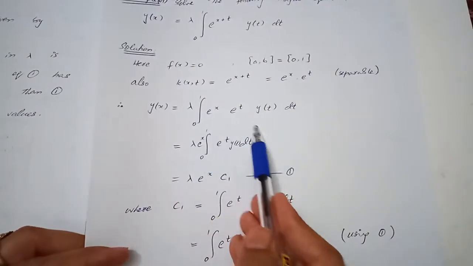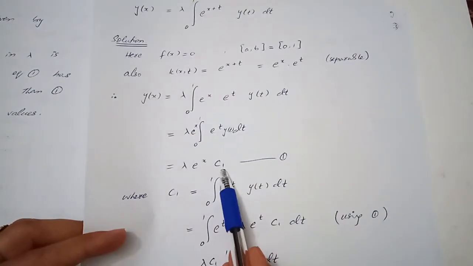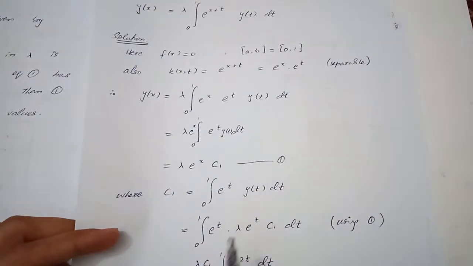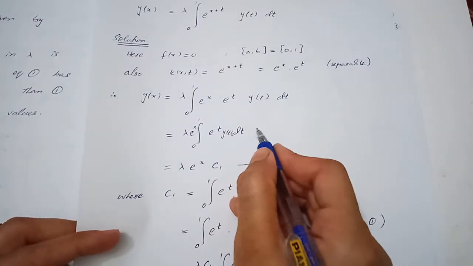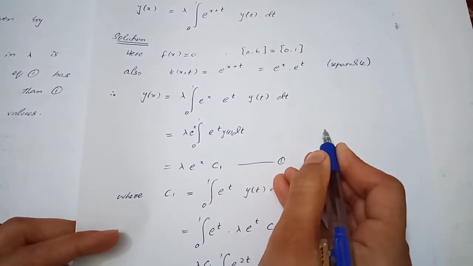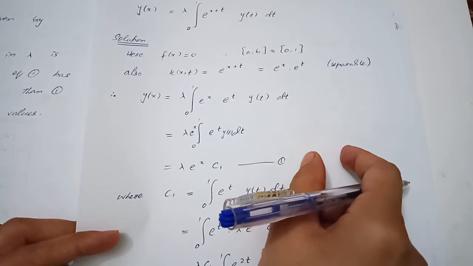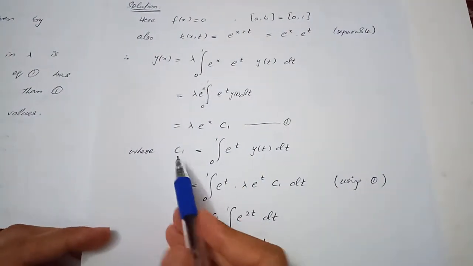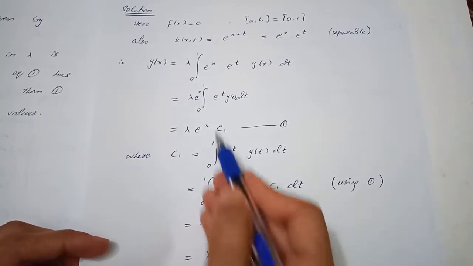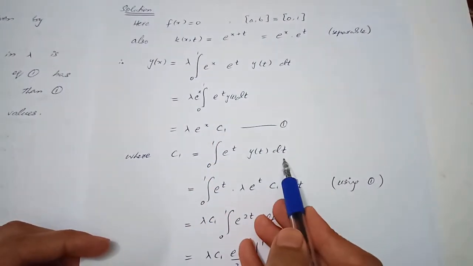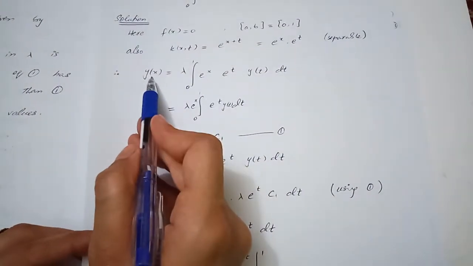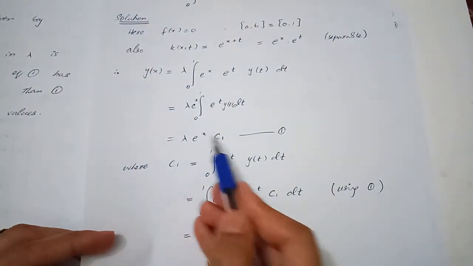After taking it out, you can mark this integral as c1. If you have a combination, like for example plus and you have another integral, then that integral will be taken as c2. Now write that c1 here. c1 is integration from 0 to 1 e to the t y of t dt. Now you know that your y of x is lambda e to the x c1.